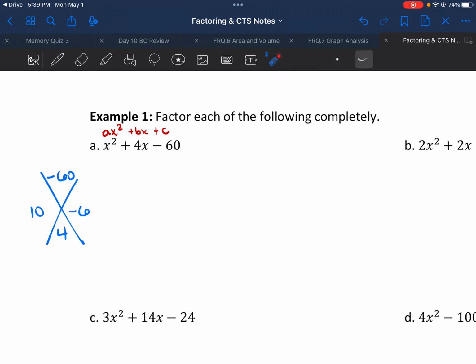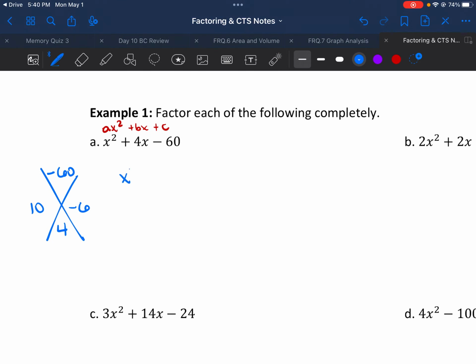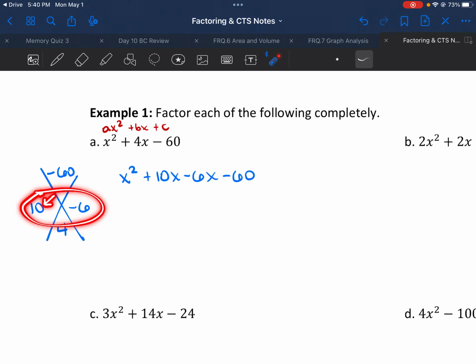What that allows us to do is split the middle term right here. So now we're going to have x squared plus 10x minus 6x minus 60. We're taking that 4x and splitting it using a 10 and a negative 6.